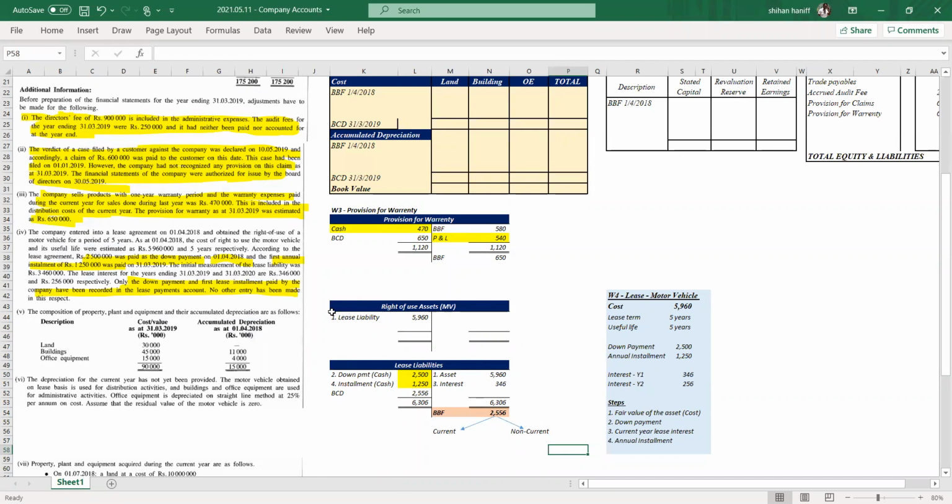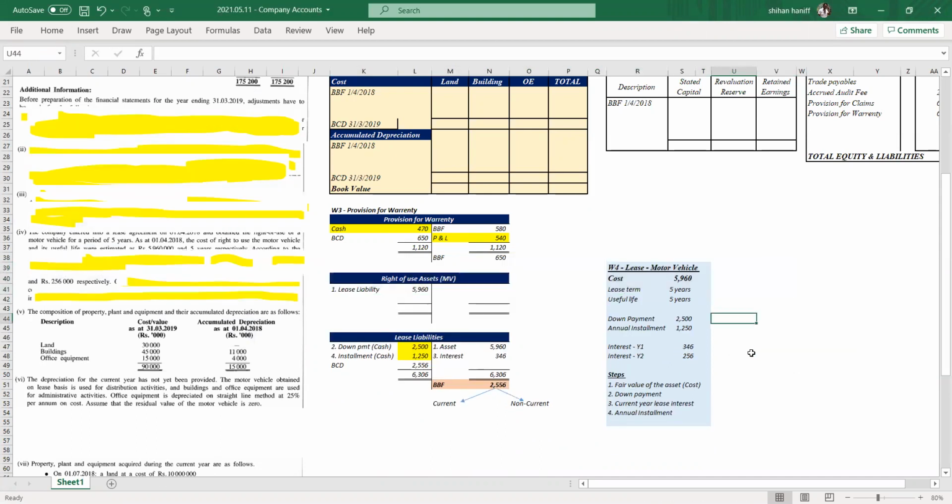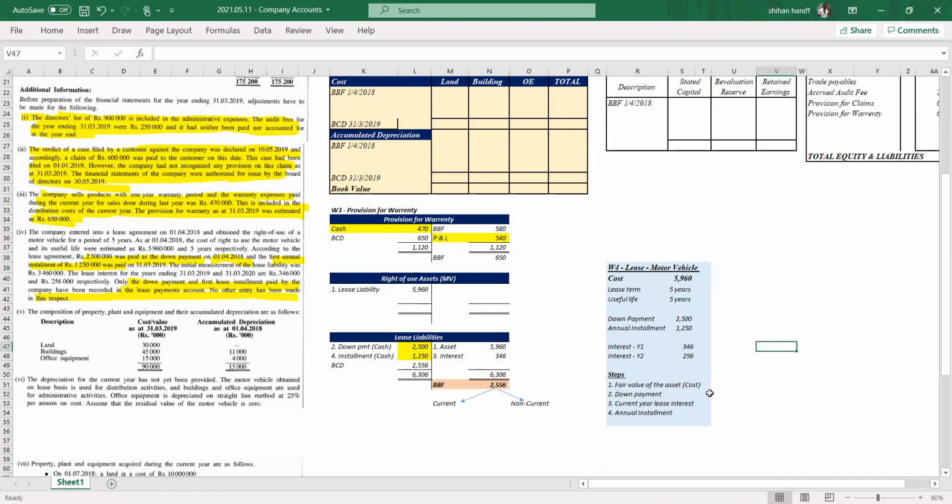How much is the non-current liability? So next year we will pay a total amount of 1,250.